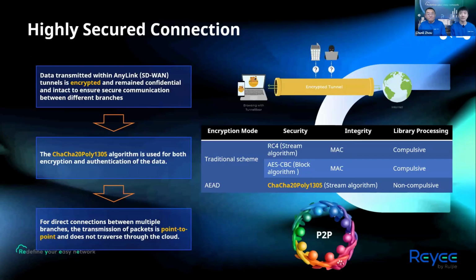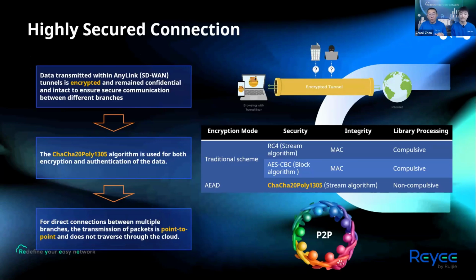Yes. And furthermore, to ensure the security of services transmitted on the WAN, Reyee SD-WAN tunnel uses data encryption technology. And data transmitted within any link tunnels is encrypted and remains confidential and intact to protect the data transmission between different branches. Right.